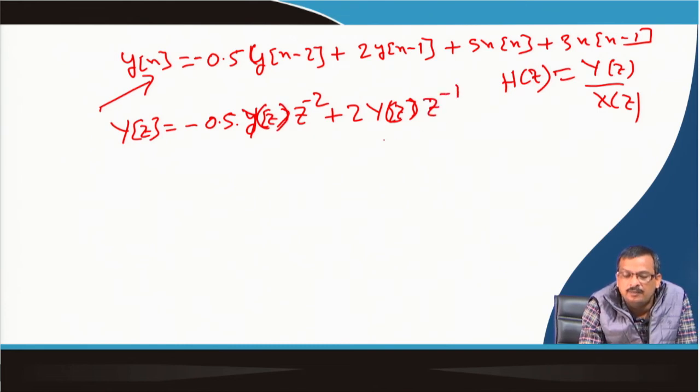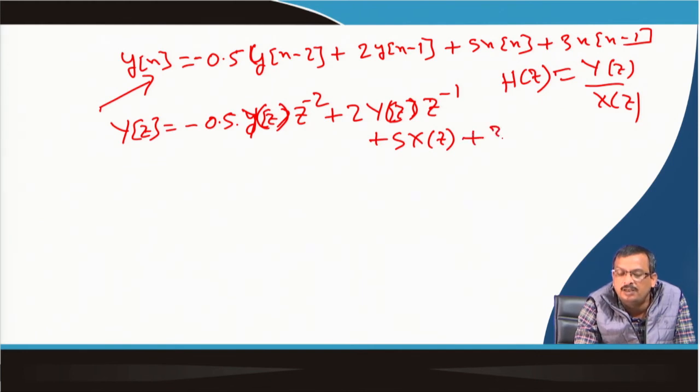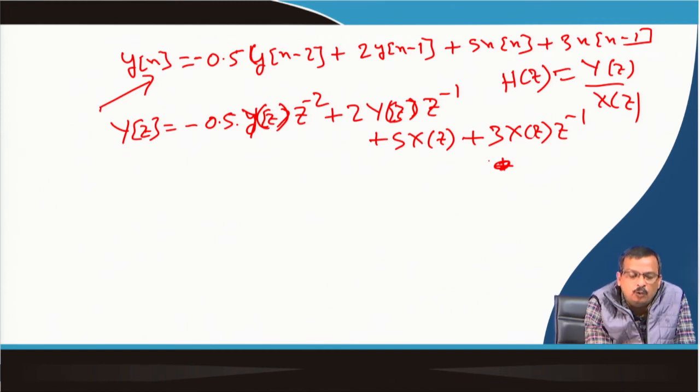Then I can say plus 5 into X(z), because no delay, so z to the power 0 means once, plus 3 into X(z) into z to the power minus 1. Done.